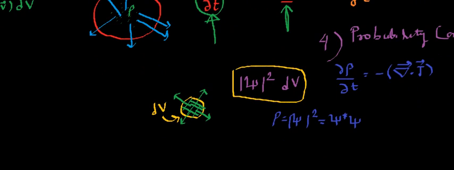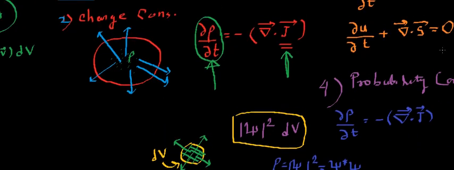Now the question is, what is J? Which quantity behaves as current here? See, here also we had a weird thing: the Poynting vector behaves like a current. It is quite weird; we discussed it in great detail in the electrodynamics lecture series. So now the question is, what is J in quantum mechanics? The mathematical quantity that behaves like the current density is given this way.